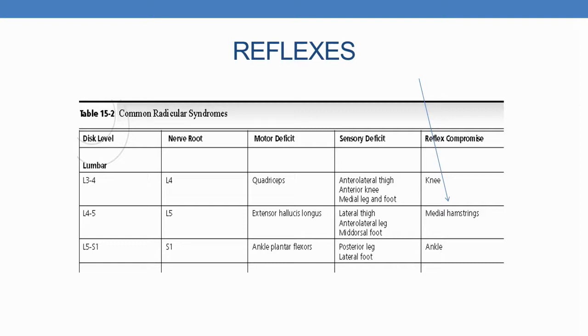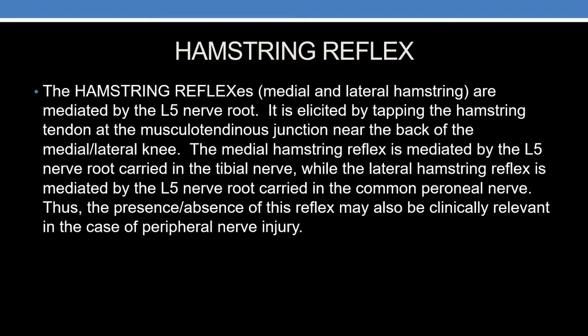Well, most doctors do not do any type of reflex testing for the L5 nerve root, but the AMA guides describe the medial hamstrings reflex as associated with the L5 nerve root. Now, there's actually two hamstring reflexes because we have both the medial and lateral hamstrings.